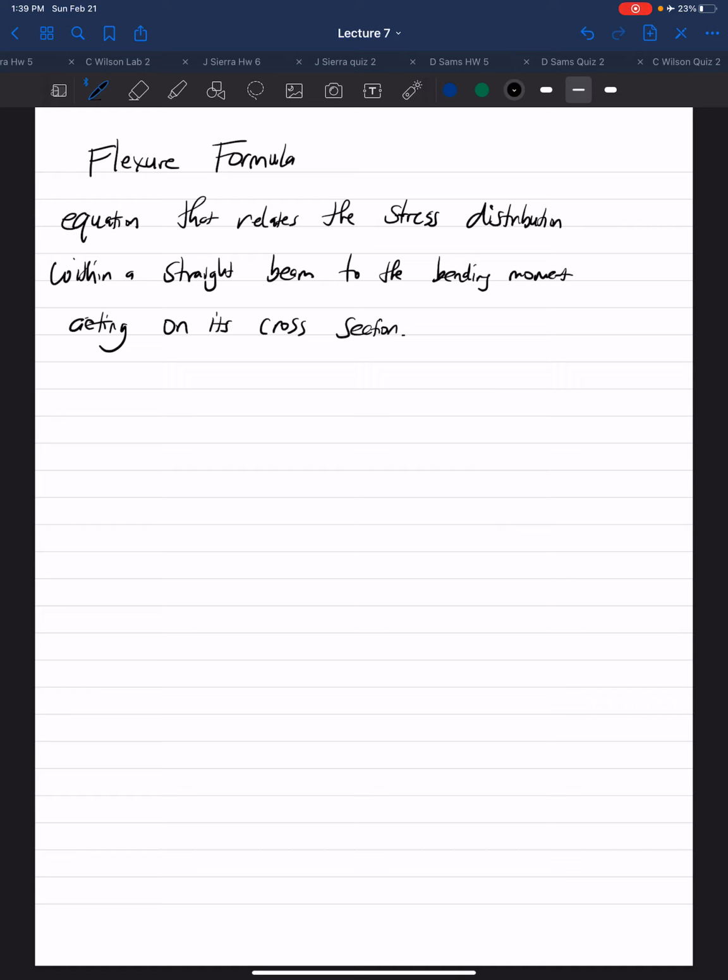So we make some assumptions. The material behaves in a linearly elastic way, so Hooke's law applies.